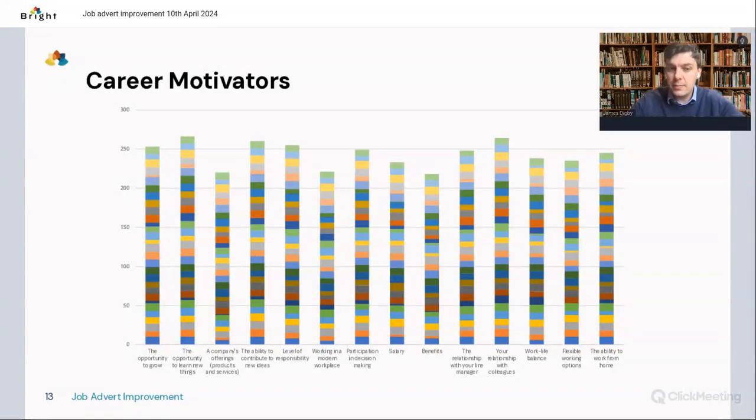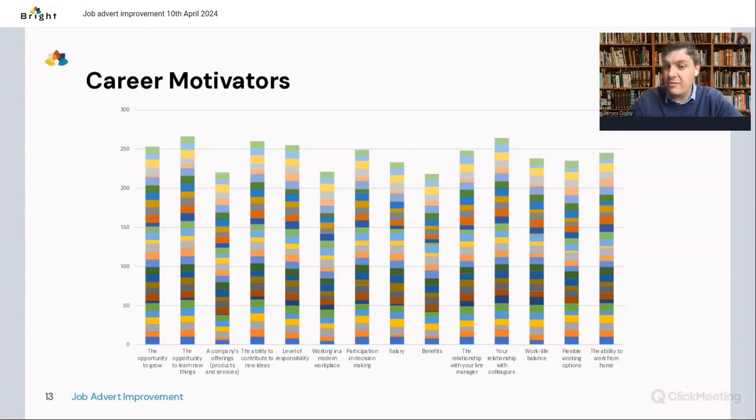And what was really interesting about collating the entirety of the data from those sessions is that the middle two bar graphs are showing salary and benefits as motivators. The second line to the top is a total score of 250.